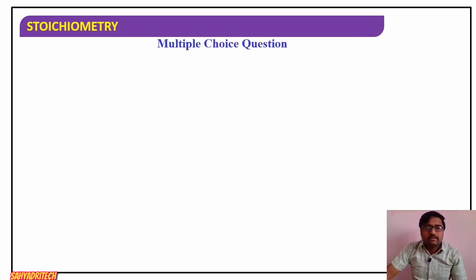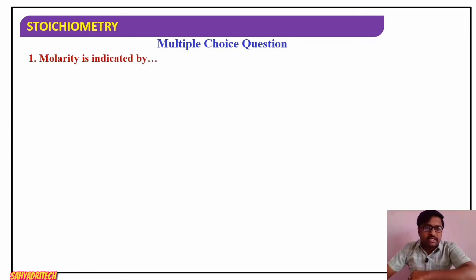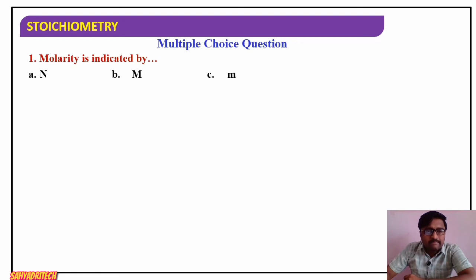Now coming to the MCQs. Molarity, as we have considered in the previous session, is indicated by which letter? Option A, capital N; B, capital M; option C, small m; and D, X. We indicate it with the capital letter M. Next one, what is the unit for molality?